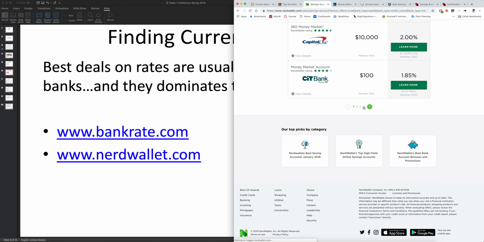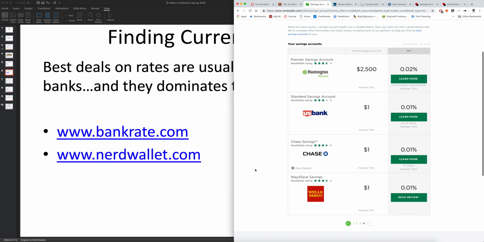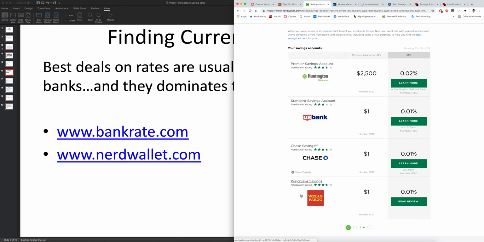Now let's look at the bottom of the list. And notice that I asked NerdWallet to tell me about savings accounts in my zip code with a minimum deposit of $10,000, although I bet we could go lower and most of these banks would still show up. And you can see that Wells Fargo, Chase, U.S. Bank, and I've never heard of Huntington Bank.